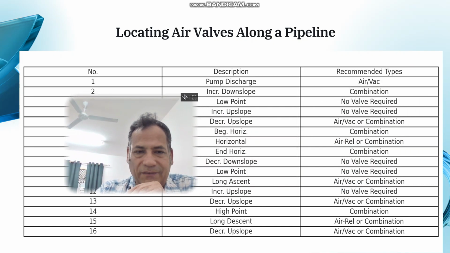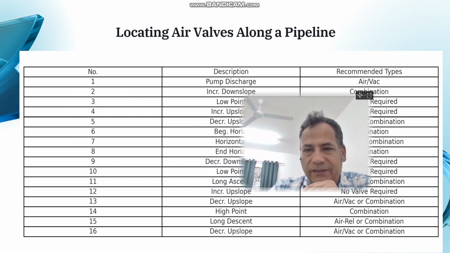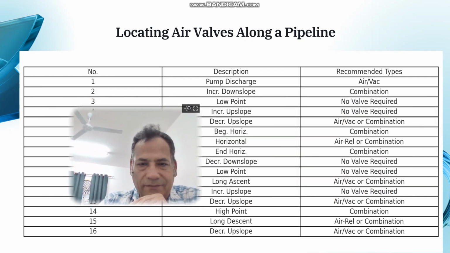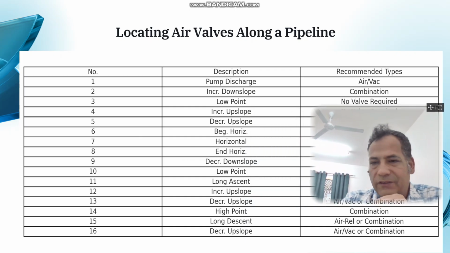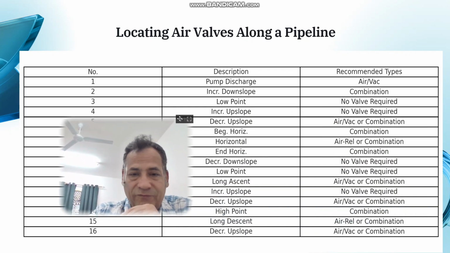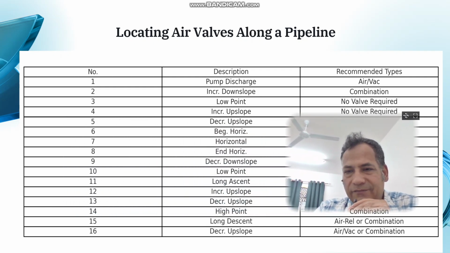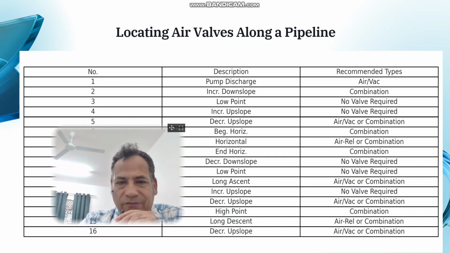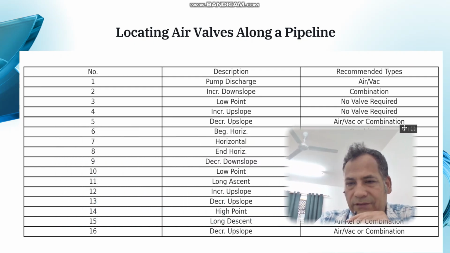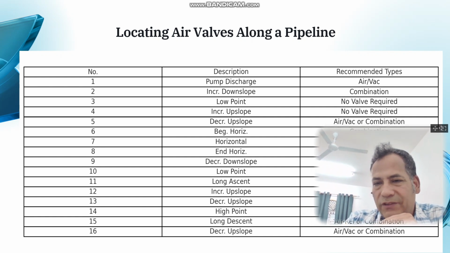For point 2, we have combination. For point 3, low point, no valve is there. For point 4, no valve also. For point 5, air vacuum or combination.